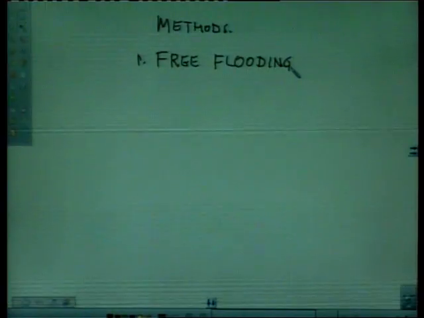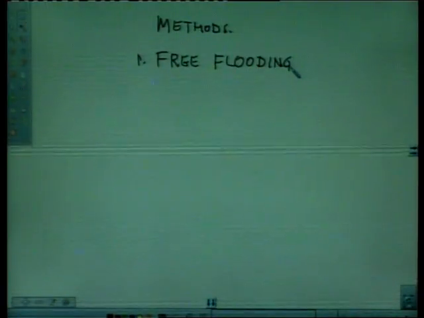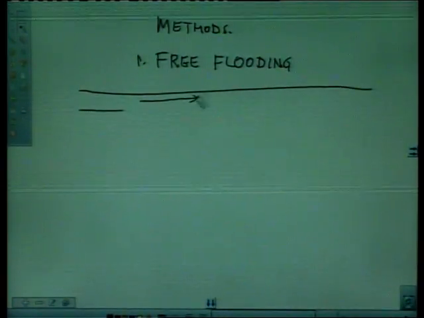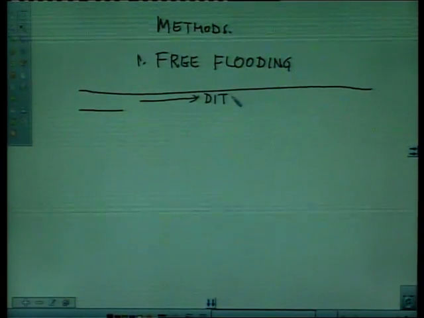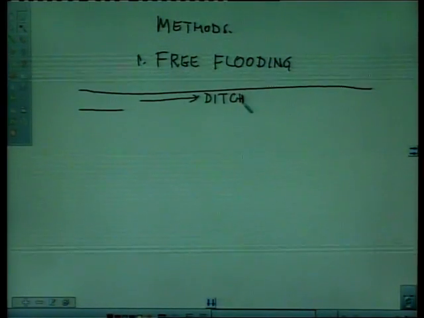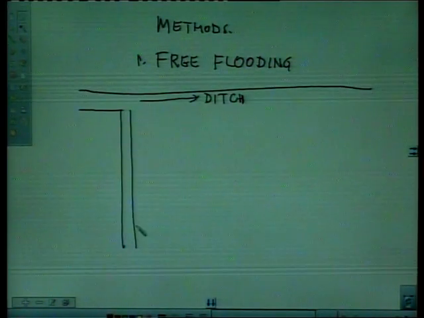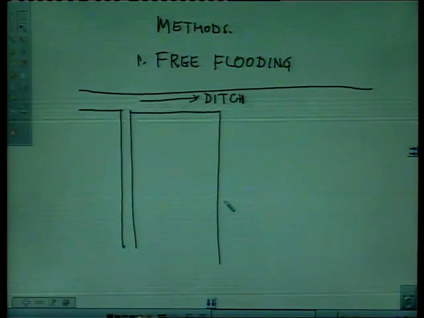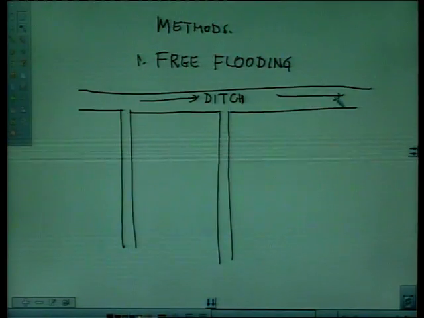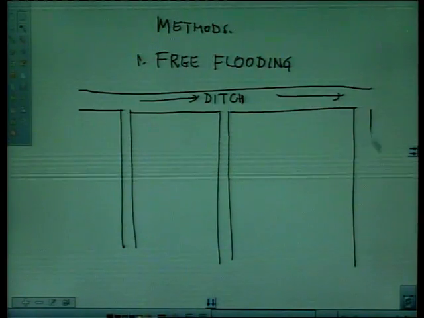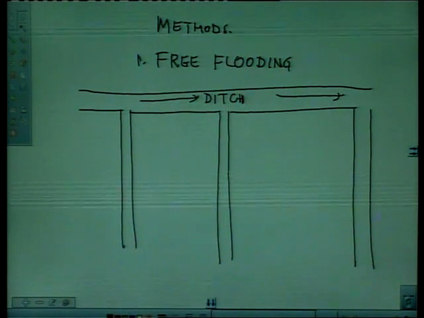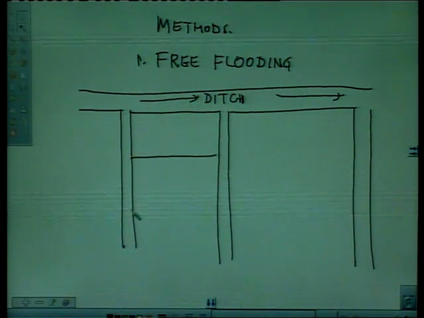In this method the farmer is having a ditch over here. So, this is the main ditch, and this is the subsidiary ditch. Water is carried through these ditches, and then we are having fields.